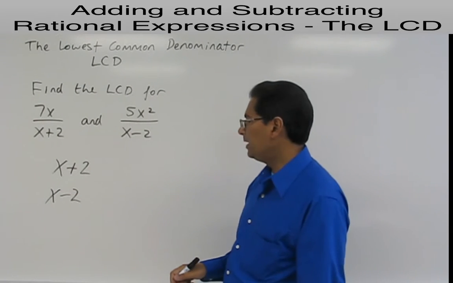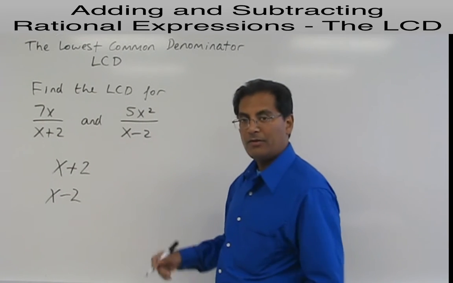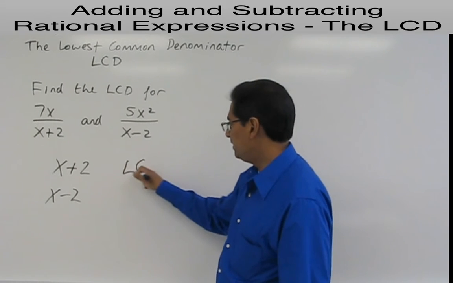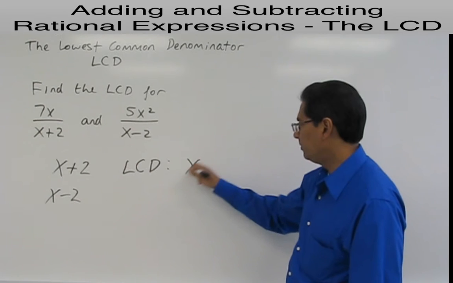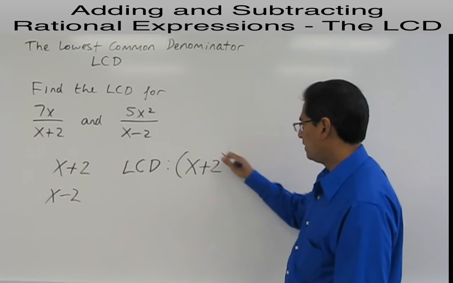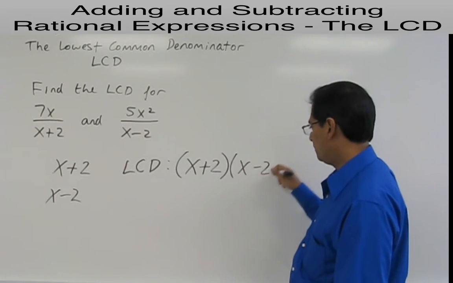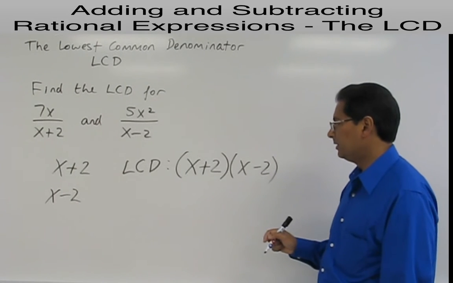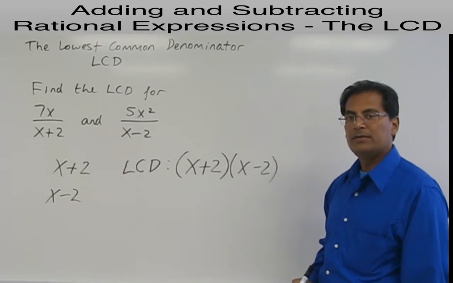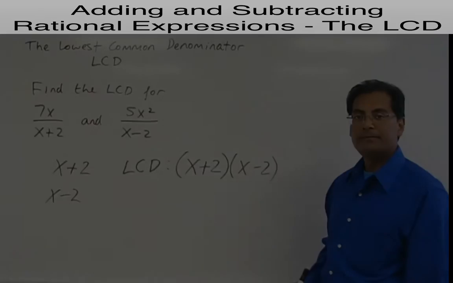Since they're different and don't have anything in common, my LCD is going to be the product of both of those. So my LCD will be x plus 2 times x minus 2. That happens quite often, where the LCD is the product of your denominators. We'll look at another example.